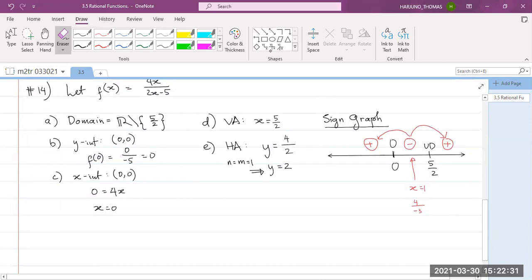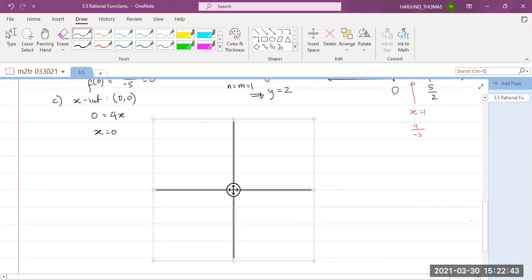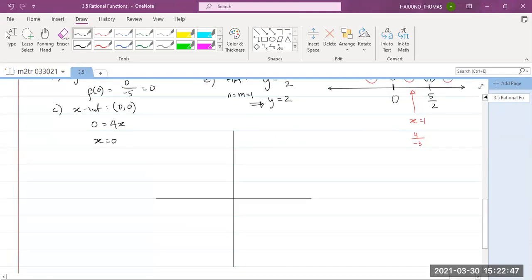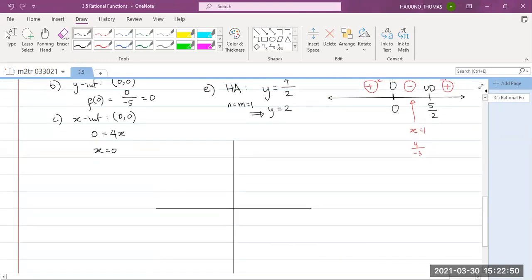Okay, now let's start sketching the graph. Okay, we will not sketch the graph to scale. We will just sketch the graph such that all the details are put in. The x-intercept and y-intercept happen to be the same, (0, 0).